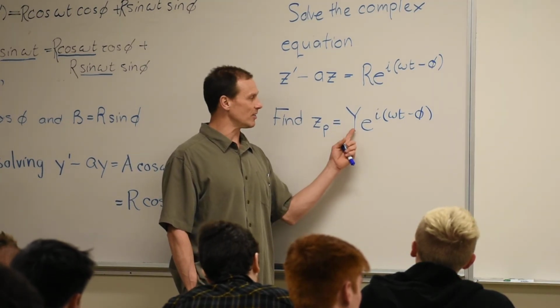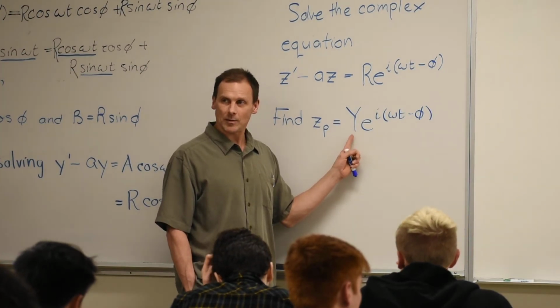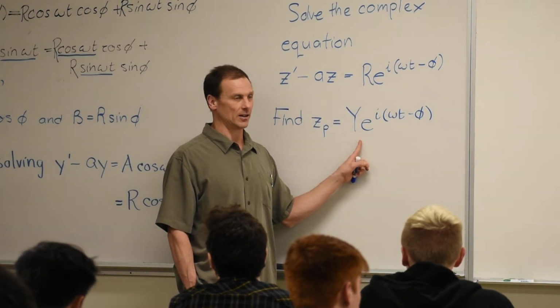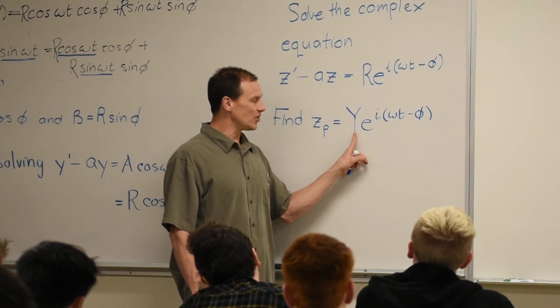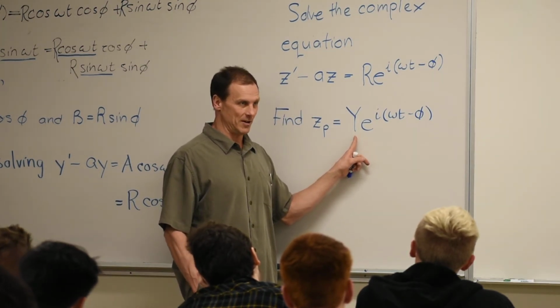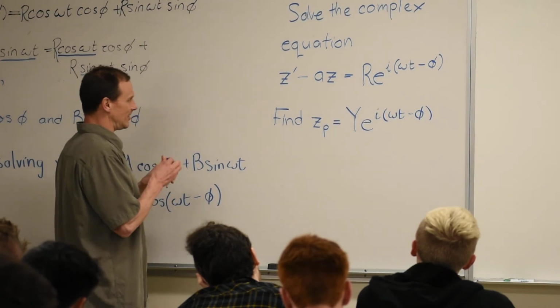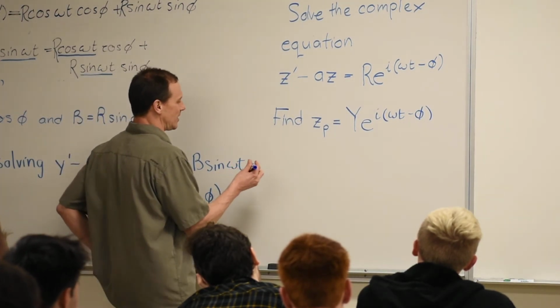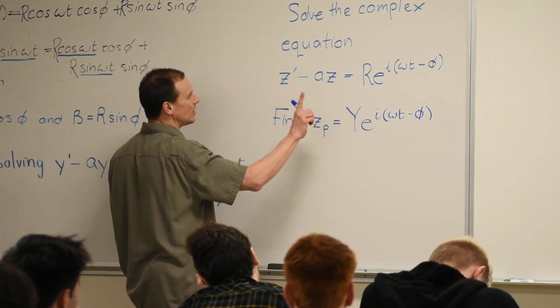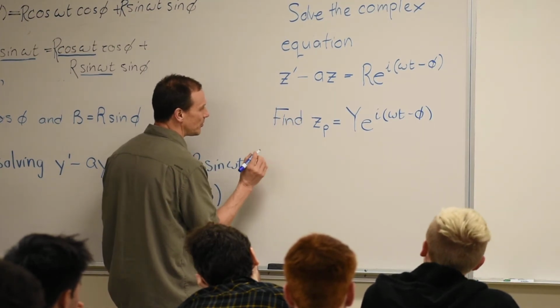It's just figuring out what this number is. We're in the same spot again. So let's figure out what y has to be. We're going to need z particular, so let's find that, and then we'll substitute it in here and find y.